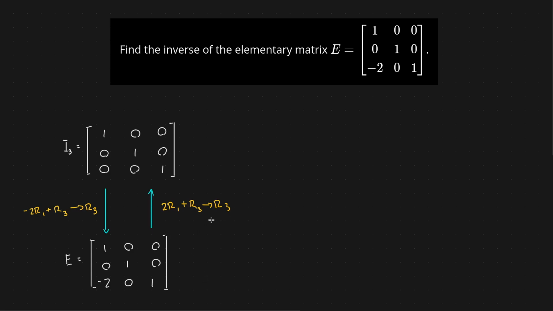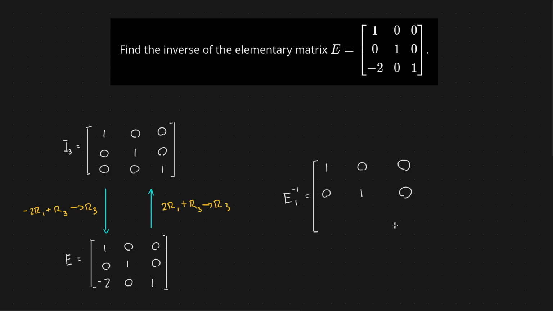And so the elementary matrix corresponding to this inverse elementary row operation will be the inverse of my elementary matrix. And so applying this elementary row operation to the identity matrix, the only change will be to row 3. So 1, 0, 0, 0, 1, 0.